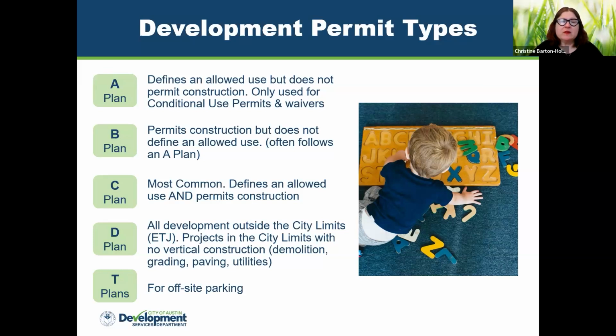So it's typically done after an A plan. The C is probably the one we see the most often. It's consolidated. So A use plus B construction equals C consolidated. It allows the use and the actual moving dirt. And anything that's flat work or outside the city limits, so in the extraterritorial jurisdiction or ETJ, that's going to be a D plan.